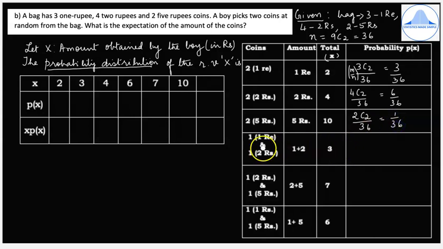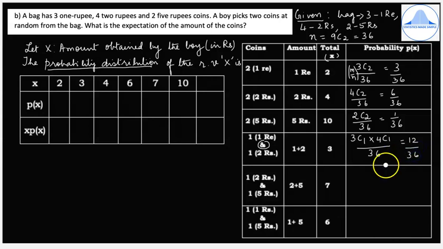Or there is a possibility that he can pick one 1 rupee coin and, and means it is multiplication, one 2 rupee coin. So what is the probability of this? There are 3 1 rupee coins and he has to pick one. So 3C1 and means into one 2 rupee coin. So 4C1 divided by the total, that is 36. So 3C1 is 3, 4C1 is 4. So you will get 12 divided by 36.